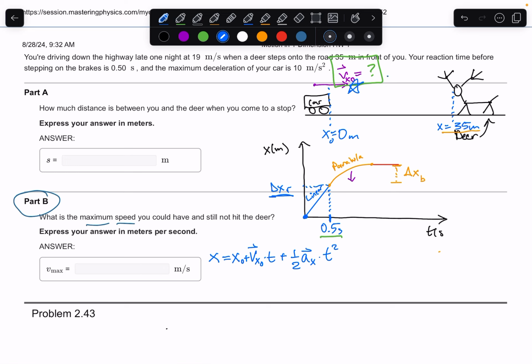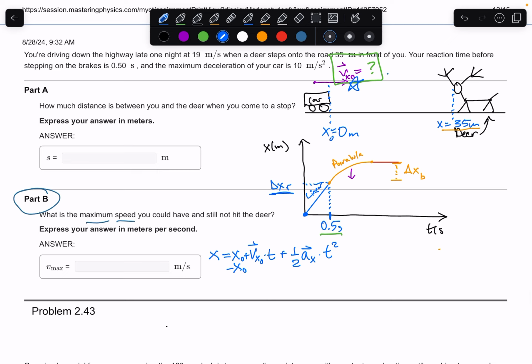First I'm going to subtract x initial to the other side. X final minus x initial is equal to vx initial t plus 1/2 ax t squared, and x final minus x initial is the same thing as delta x.